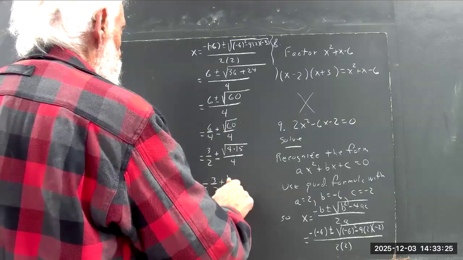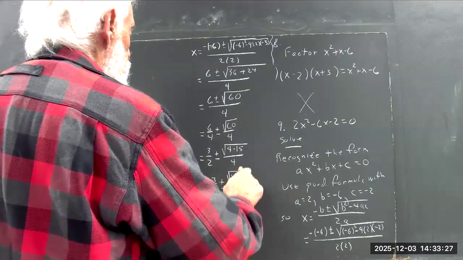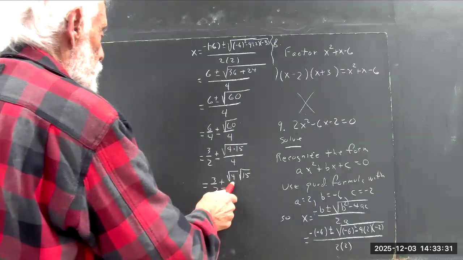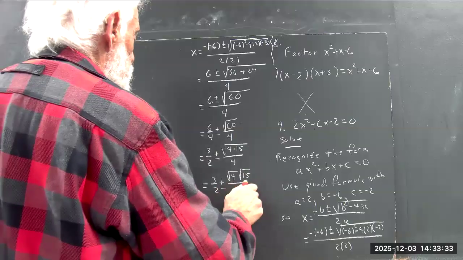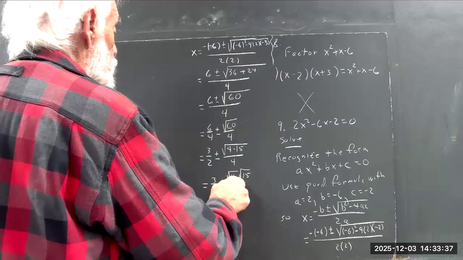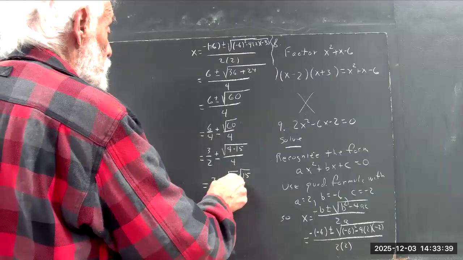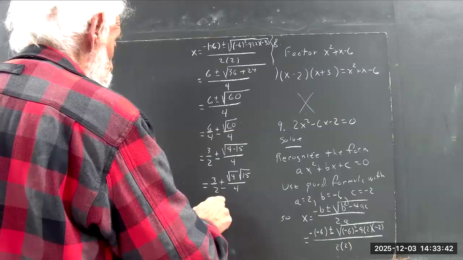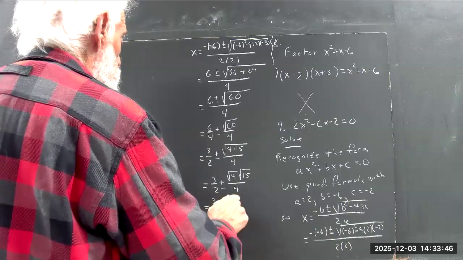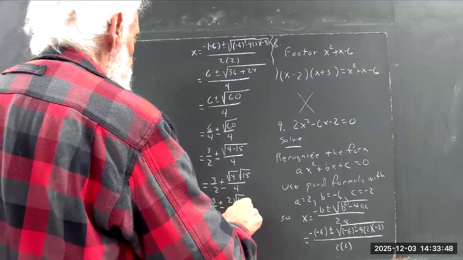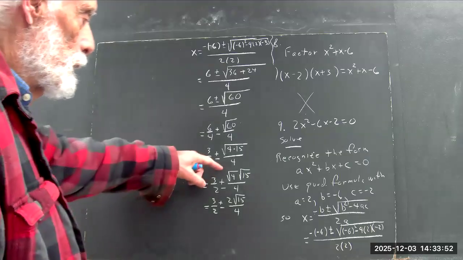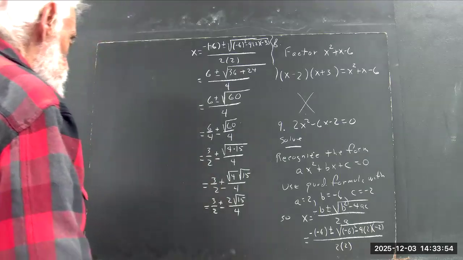I'm going to go ahead and write this down as, okay, the square root of 4 times 15 is the square root of 4 times the square root of 15. We're dividing by 4. You don't want to divide this 4 into this 4 because this 4 has got a square root. This 4 is within a square root. So we can write the square root of 4 as 2.